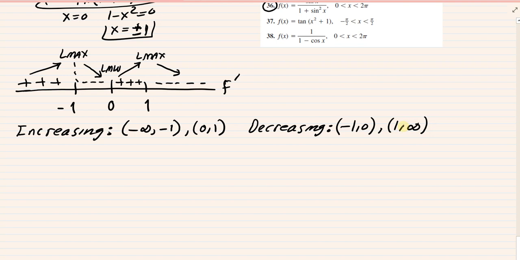Now, a note about these intervals, by the way. Some calculus textbooks include the transition point, like at -1, where the function reaches here. Well, which is it, positive or negative? Remember, at that point the derivative is 0, so the function is neither increasing nor decreasing.